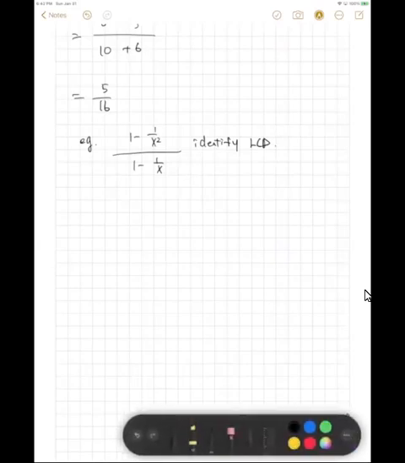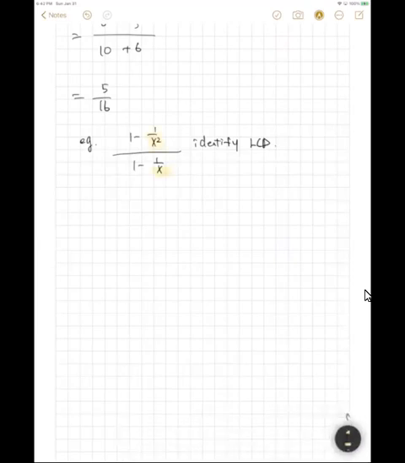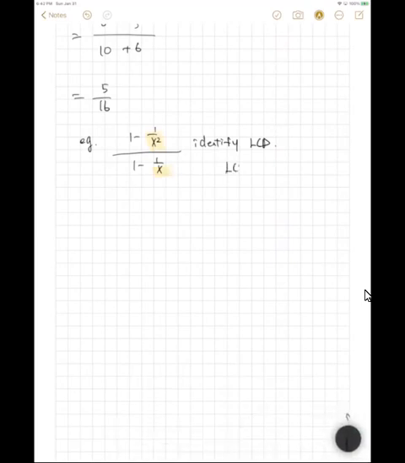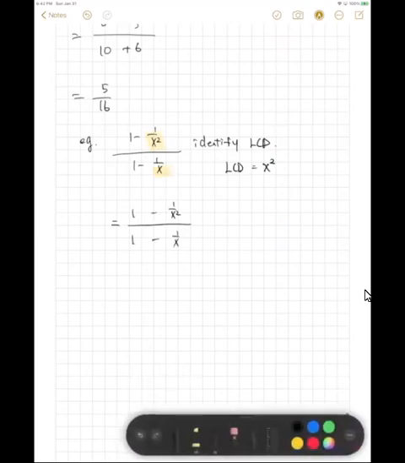The first one doesn't have any denominator, right? But the second one has x squared and then x. So that means the least common denominator is x squared. So I want to multiply every term with our least common denominator.